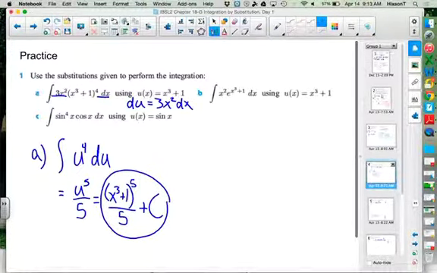To find du, you find the derivative of u, and then you multiply by dx. Because remember, the derivative is du/dx, but we only want the du.